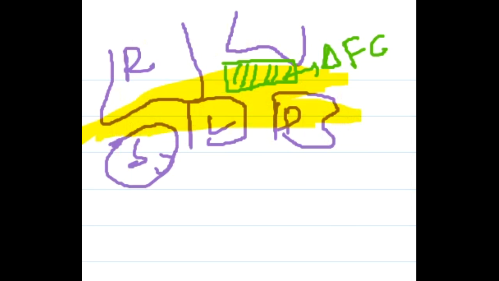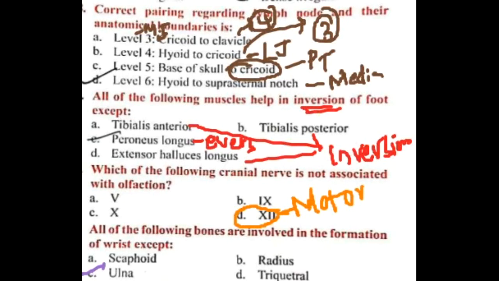Sorry, not pisiform, triquetral. I am really sorry. This is the triquetral. Over the triquetral, here you will see the pisiform. But anyways, the triquetral is mainly involved. So scaphoid, lunate, triquetrum and the radius are involved in the wrist joint formation. So these are the questions. Thank you for watching.